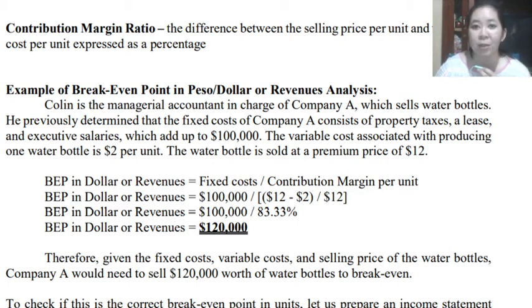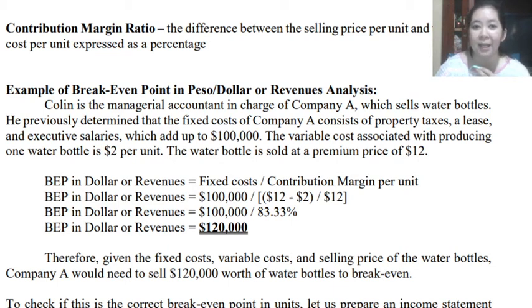So your fixed cost is 100,000, divided by contribution margin ratio. This is computed by deducting from the selling price of 12 your variable cost per unit of 2. So the result is a contribution margin of 10, and then we will divide it by the selling price of 12, which is equal to 83.33%.